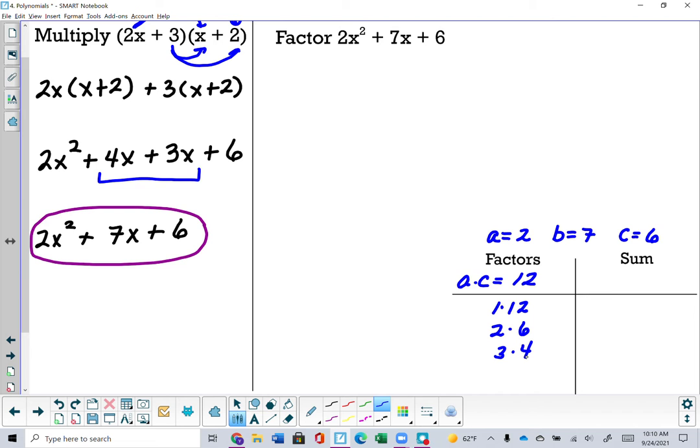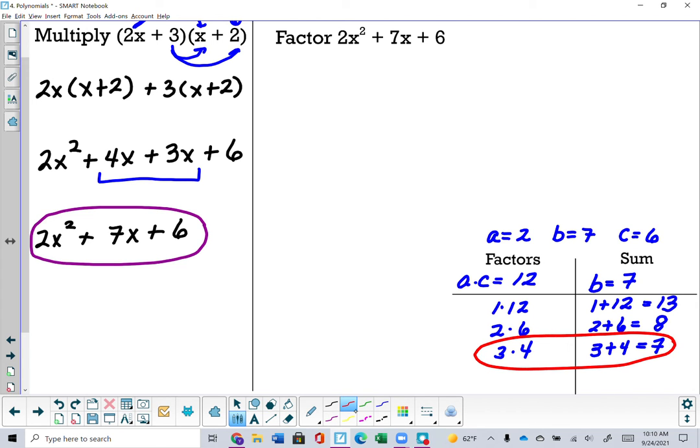From this list, you want to take a look to see, okay, your sum is going to equal B. B is equal to 7. So which of these has a sum of 7? We know 1 plus 12 equals 13. That's not it. 2 plus 6 equals 8. That's not it. 3 plus 4, well, there we go. That equals 7.